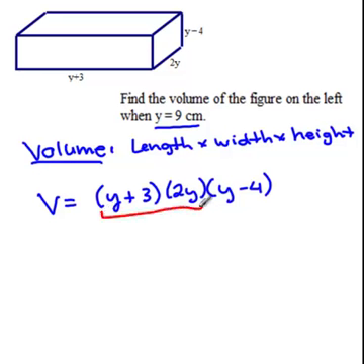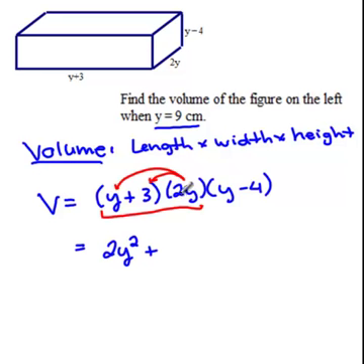So I'll multiply these two first, which means I need to take the 2y and distribute it to each term inside the parentheses. 2y times y is 2 times y times y, which we'll write in shorthand as 2y squared. 2y times a positive 3, they're both positive, so I'm going to put a plus down.